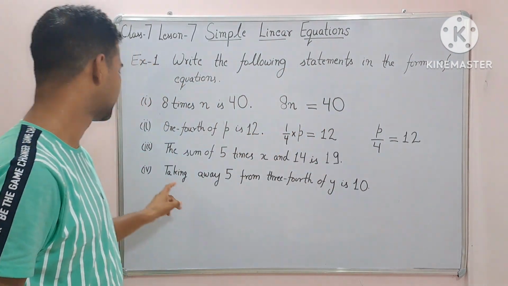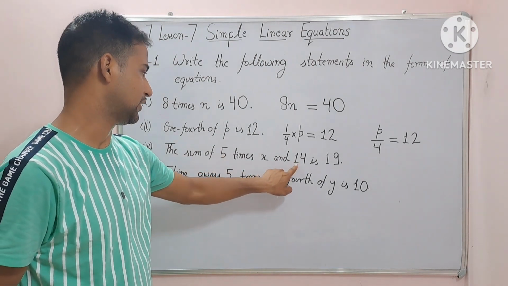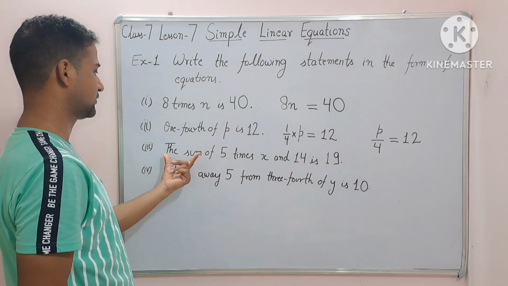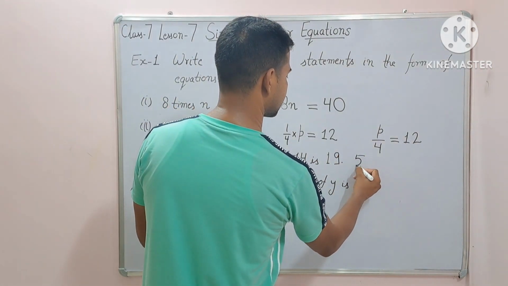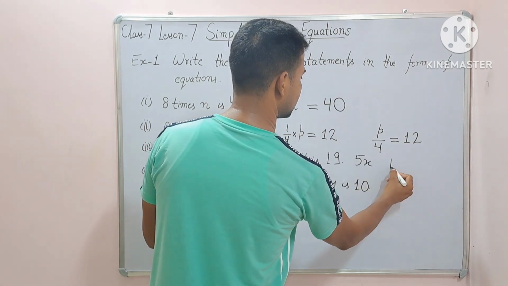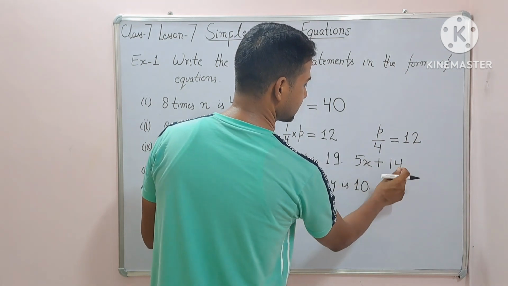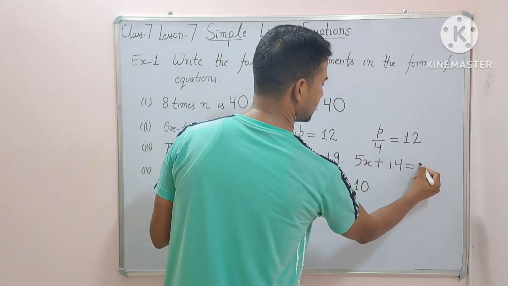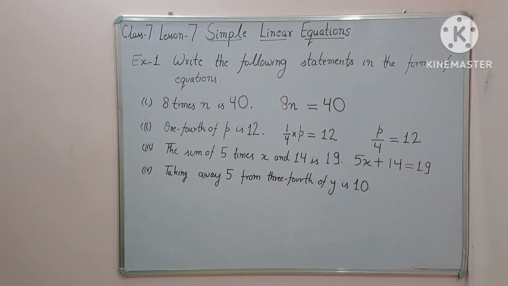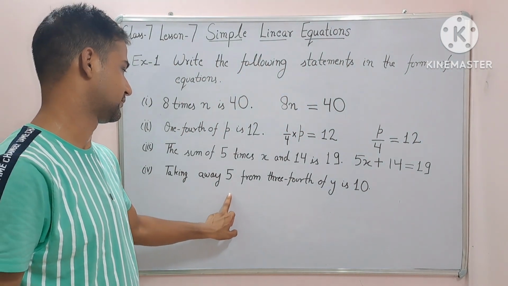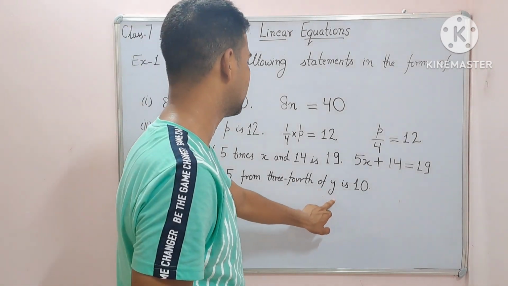The sum of 5 times x and 14. The sum of 5 times x means 5x and 14 का sum. The sum of 5 times x plus 14 is equal to 19. Clear? Taking away 5, subtraction of 5 from 3/4 of y is 10.